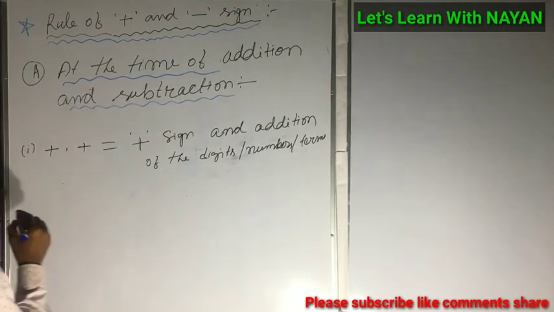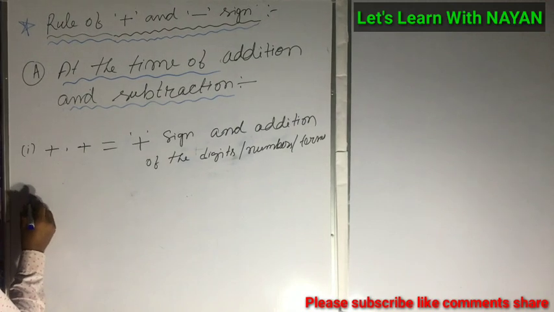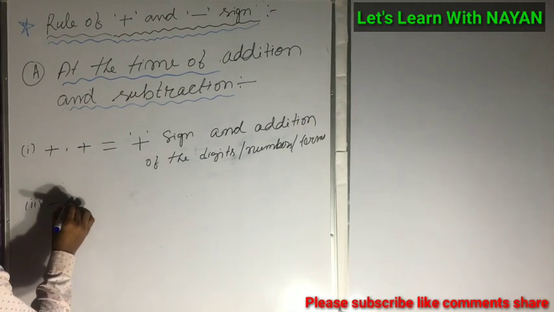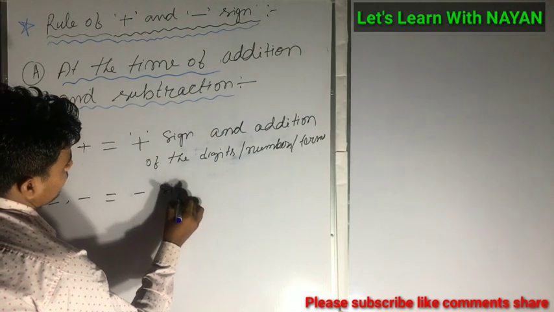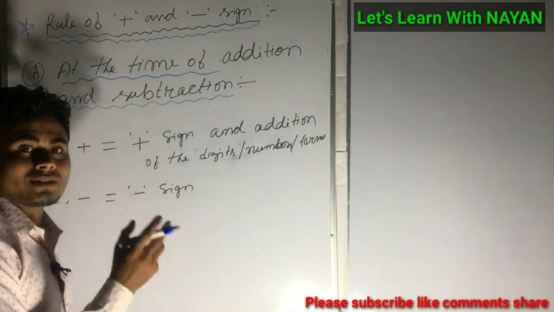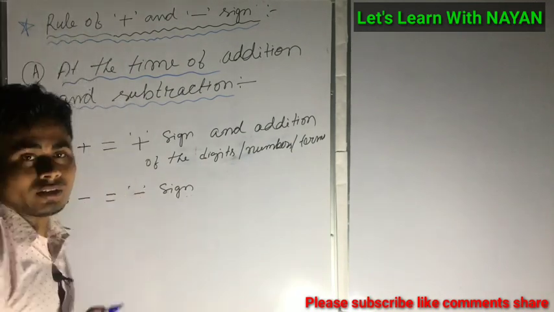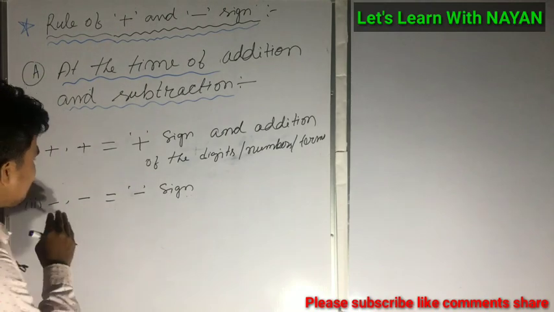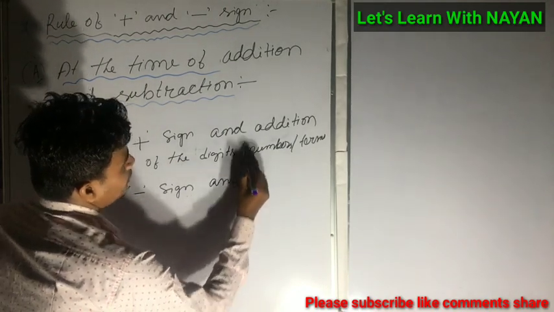Okay, so next, rule number 2: minus, minus becomes minus sign. Minus sign will come at the time of subtraction or addition, and what will happen?